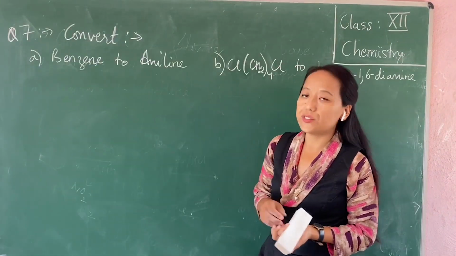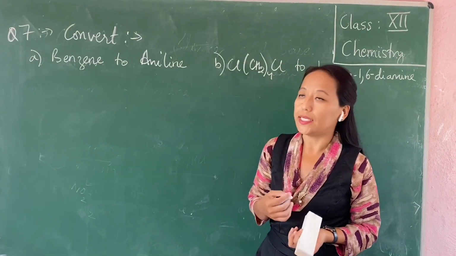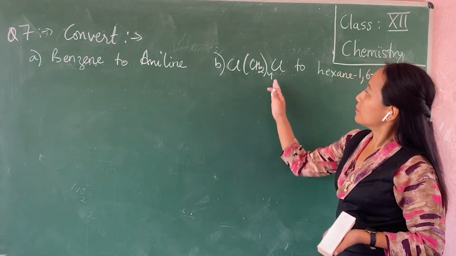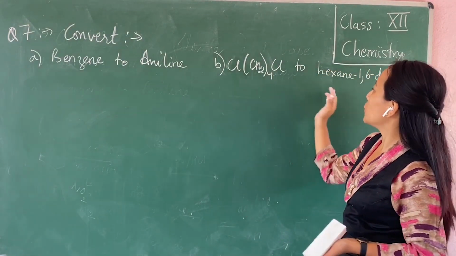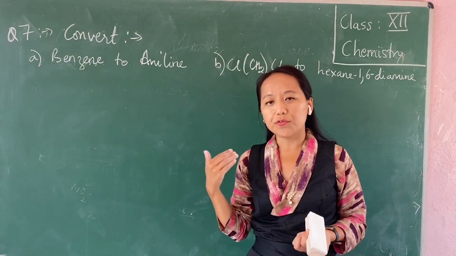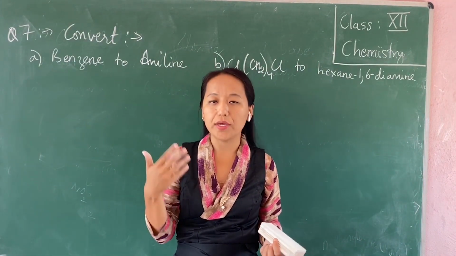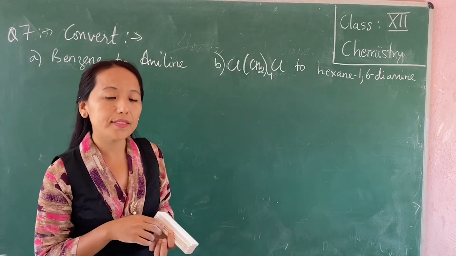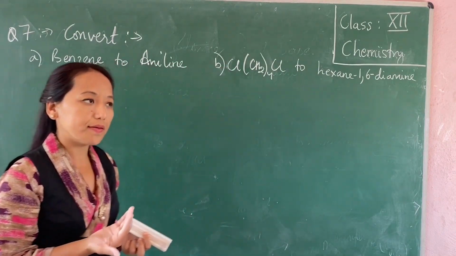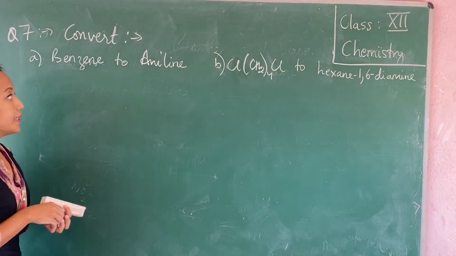Okay, then the next question says convert benzene to aniline and also 1,4-dichlorobutane to hexane 1,6-diamine. So for this, you are going to recall the preparation of amines, which we have already done. We have done 6 methods. Now we are going to use those methods in getting the correct answer.